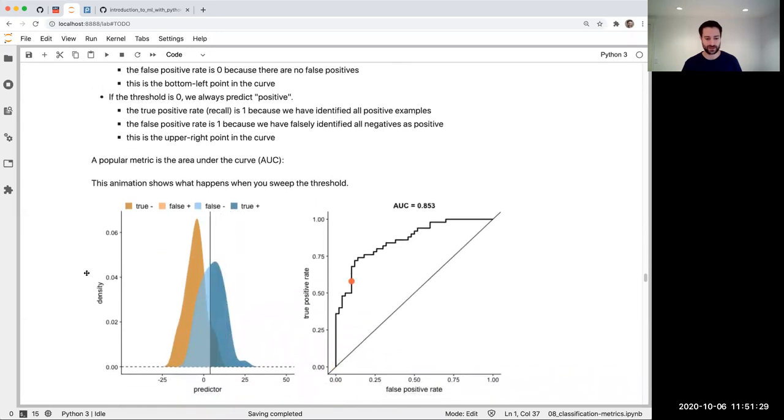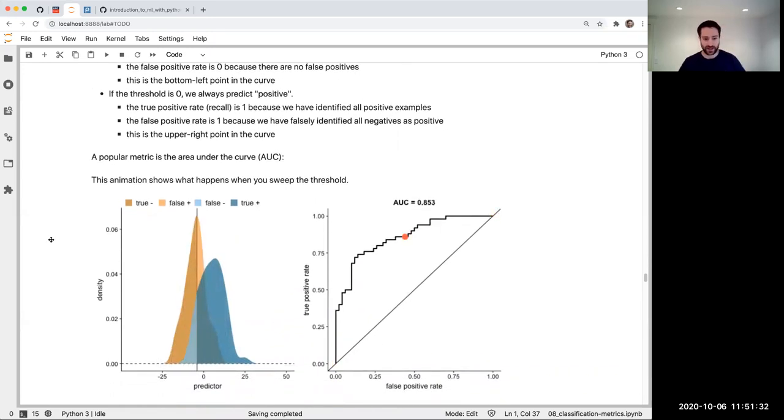I'm just going to move to some of these animations that I think are quite useful. So let's give us a couple minutes to digest these animations. What's actually going on on the x-axis here is the output of predict proba. Whoever made this animation had this as an input or a feature, but we can think about this x-axis as the output of predict proba, and you could think of, say, 0 over here and 1 over here.